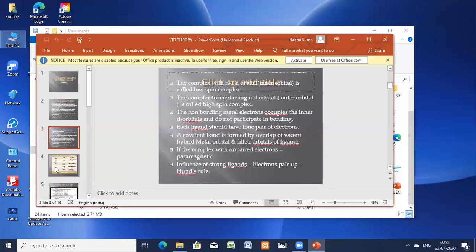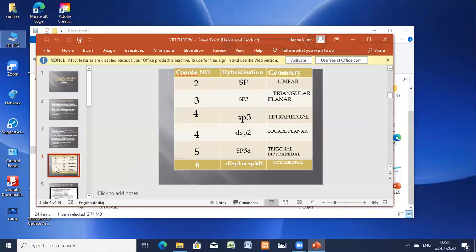Now hybridizations, we'll see. VBT is basically about the hybridizations. According to the coordination number, the number of ligands on the metal atom, we can give the hybridization and geometry. If the coordination number is 2, the hybridization will be sp and the shape linear. If the coordination number is 3, the hybridization is sp2, trigonal planar.